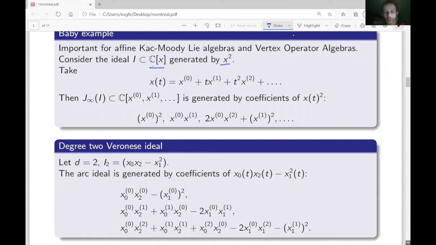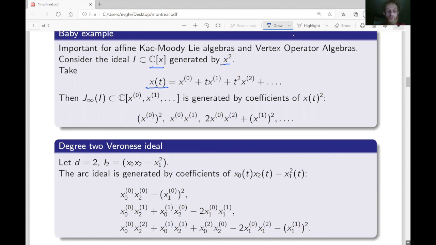And now we take our generating function x(t), and you can see that starting from this single x, we get an infinite number of variables, x0, x1, x2, and so on.